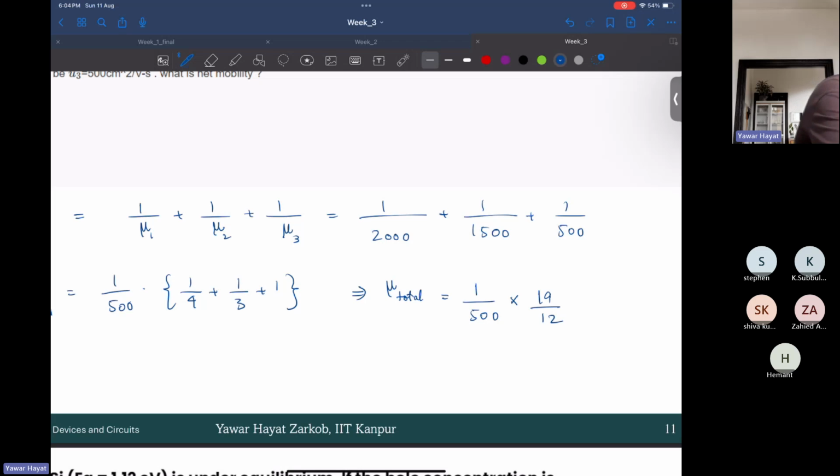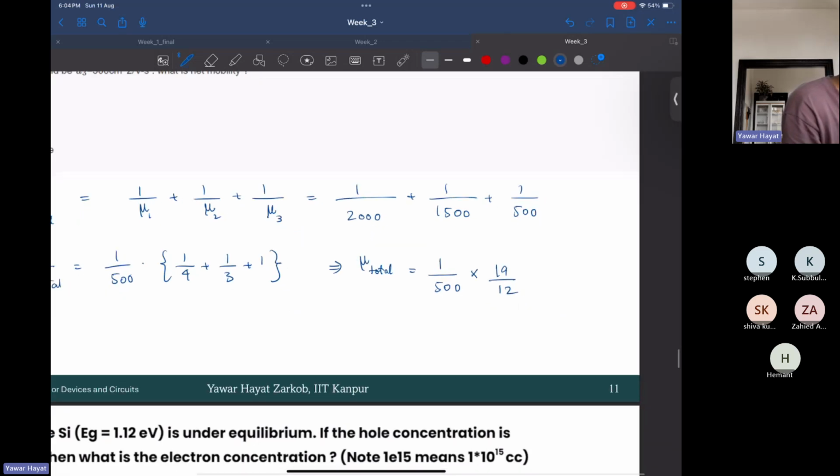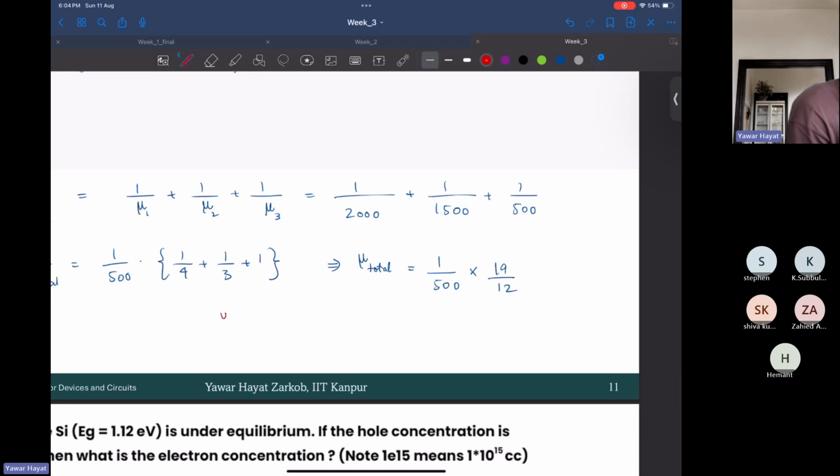Wait, 3 plus 4 is 7, 7 plus 12 is 19. Yeah, this is 19 by 12. So your mu total would be equal to 315.8 centimeter square per volt second.